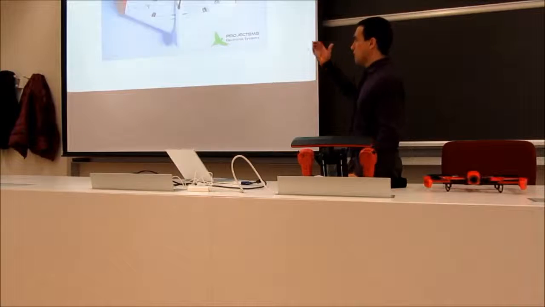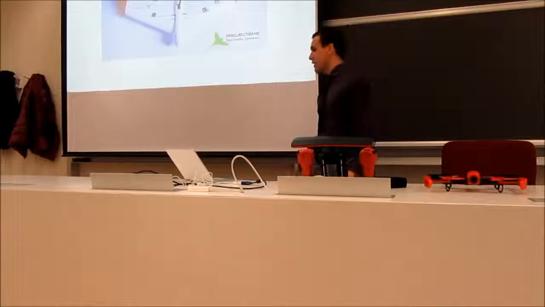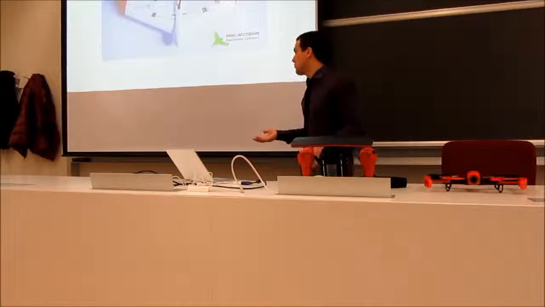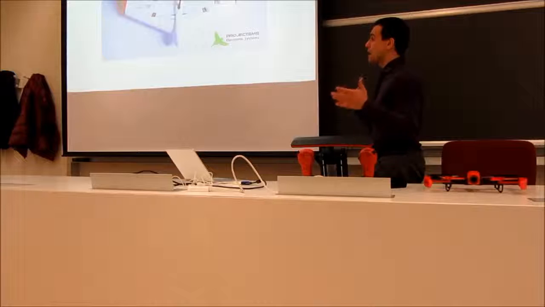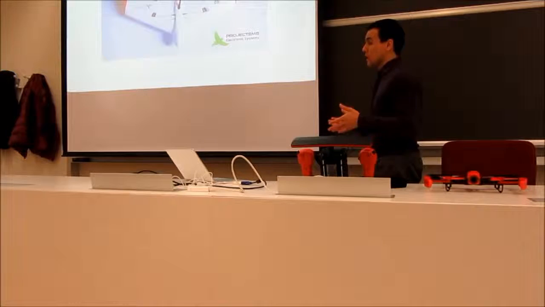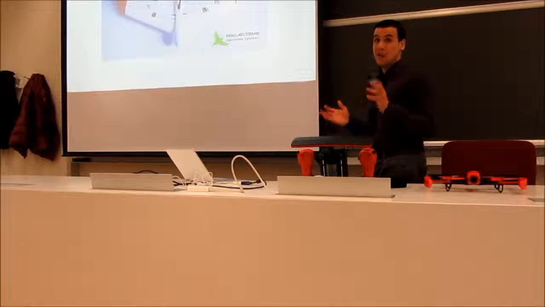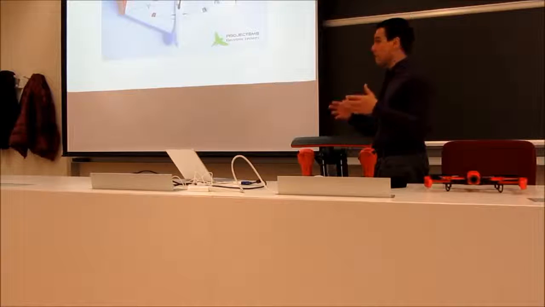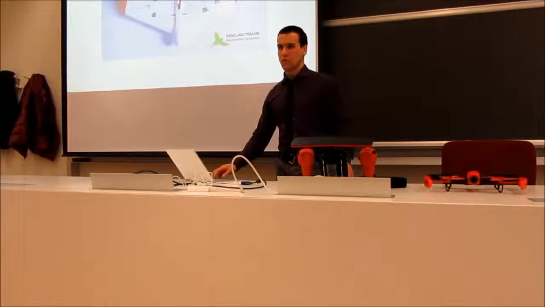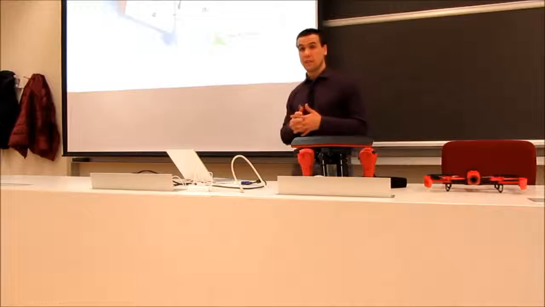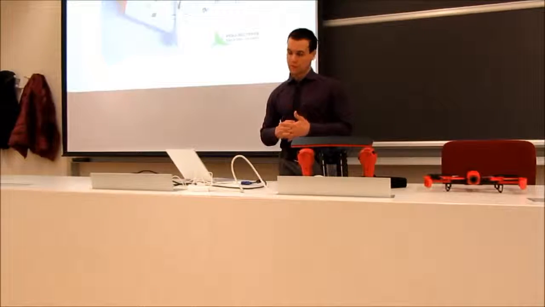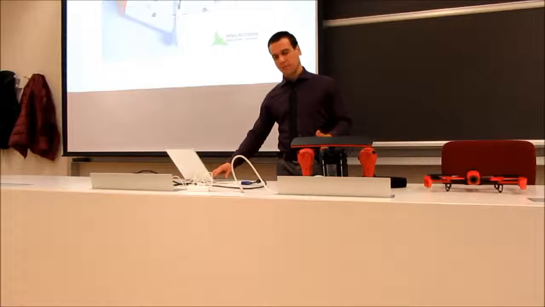So with this kind of aircraft you can fly in a certain area, you can take pictures, and with these pictures you can make a 3D reconstruction of this area. You can also do the 3D reconstruction with rotary wing, so with the multirotor. After this slide we explain the difference between fixed wing and multirotor. But let's continue.